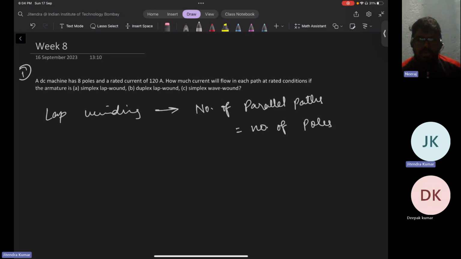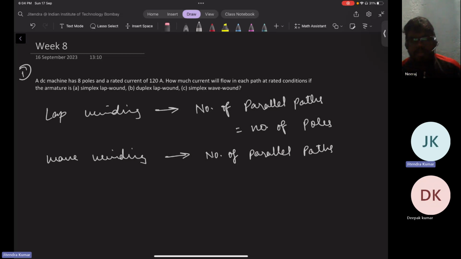Sir, the advantage of lap winding could be that the current is divided into parallel paths. Therefore it is reduced, and so the amount of insulation required is reduced. Money is saved, and there is less mechanical stress on the shaft which holds the armature. Yes, good, these are good enough reasons.